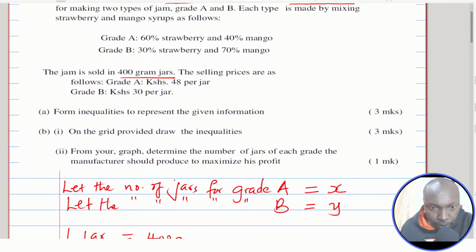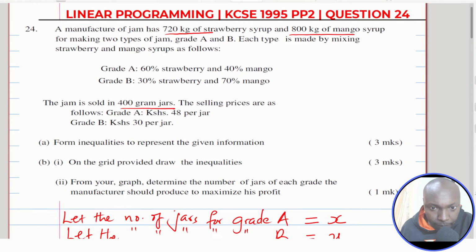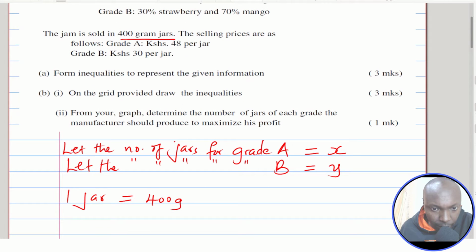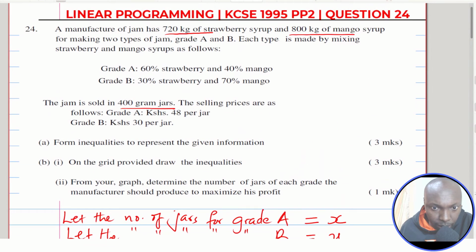Now using this, we look at the 720 kg of strawberry. How many jars will that produce? And for 800 kg of mango, how many jars will that produce? If one jar must contain 400 grams, what about 720 kg?